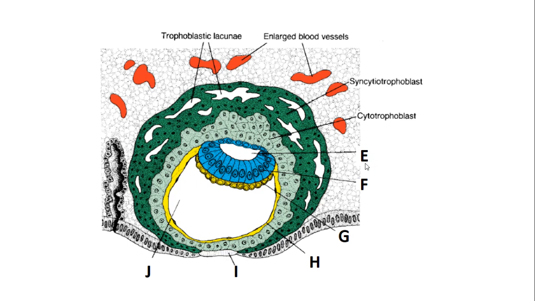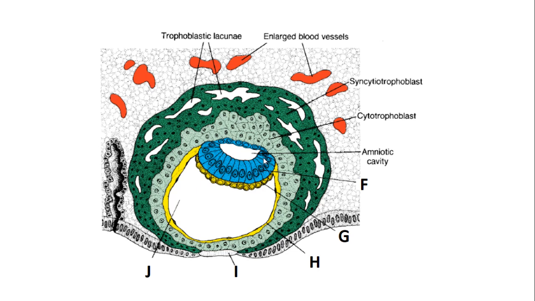Then E is the cavity which has been created by the epiblast. Remember, in week 2 we have two important features, the epiblast and the hypoblast.